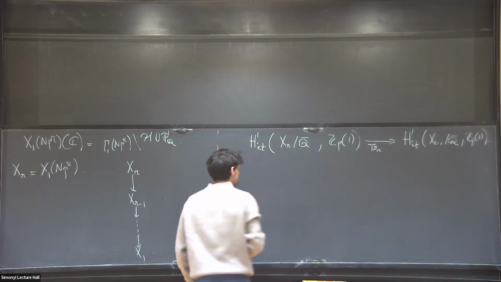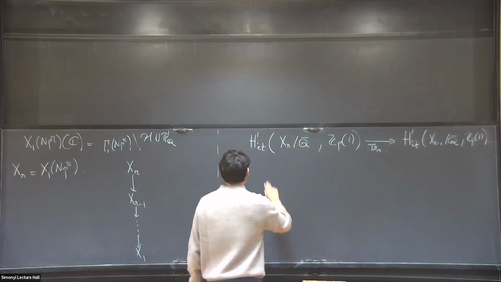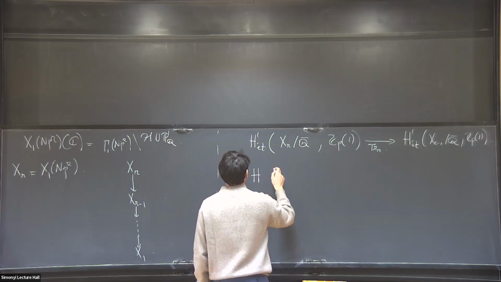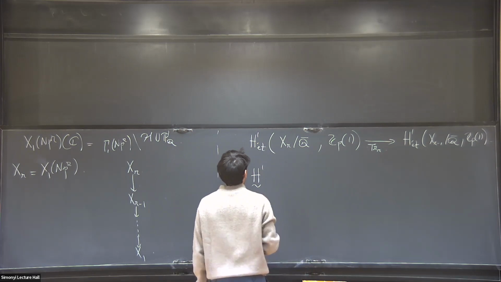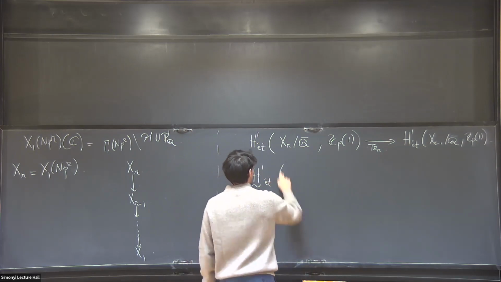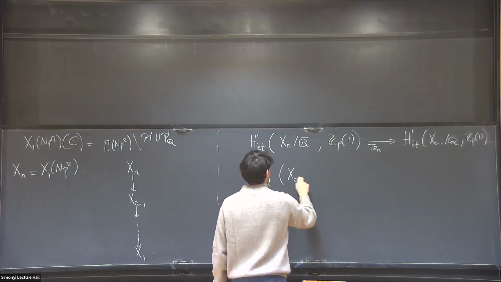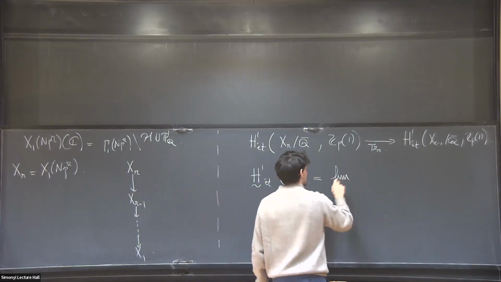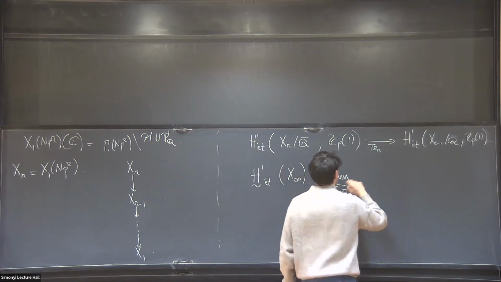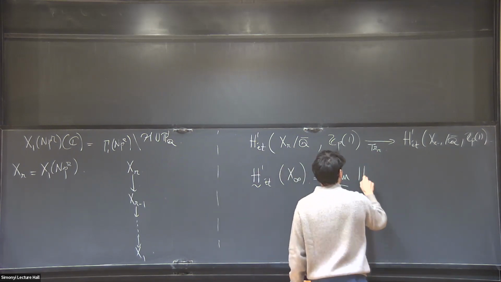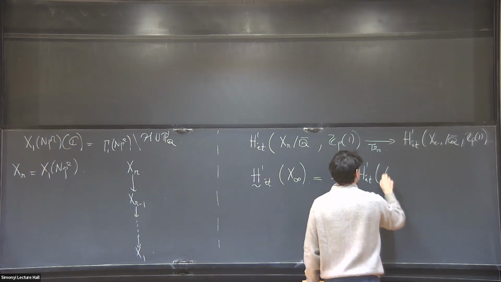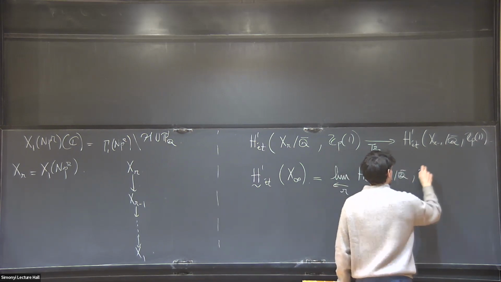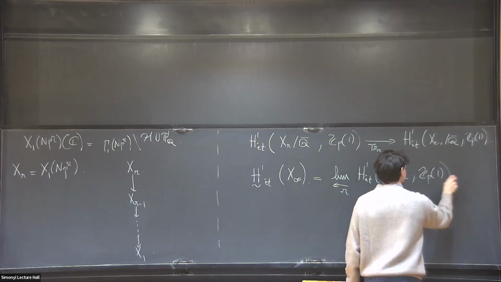And so now you have this projective system, which I will denote by X_infinity. This is the inverse limit under these transition maps of H^1 etale of X_r, still geometric etale cohomology with Z_p coefficients.